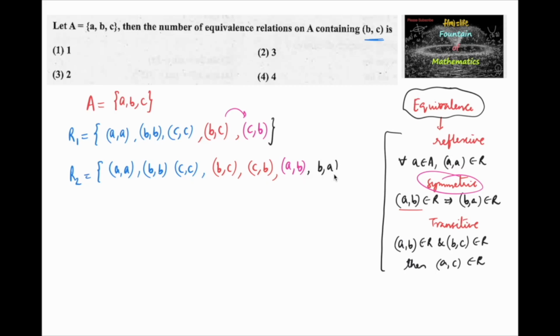And also for transitive, if we consider A comma B and B comma C, then there must be A comma C. A is related to B and B is related to C, then A must be related to C. So we must consider A comma C to make this relation transitive. Now if A comma C exists, then for symmetric, C comma A must be there.